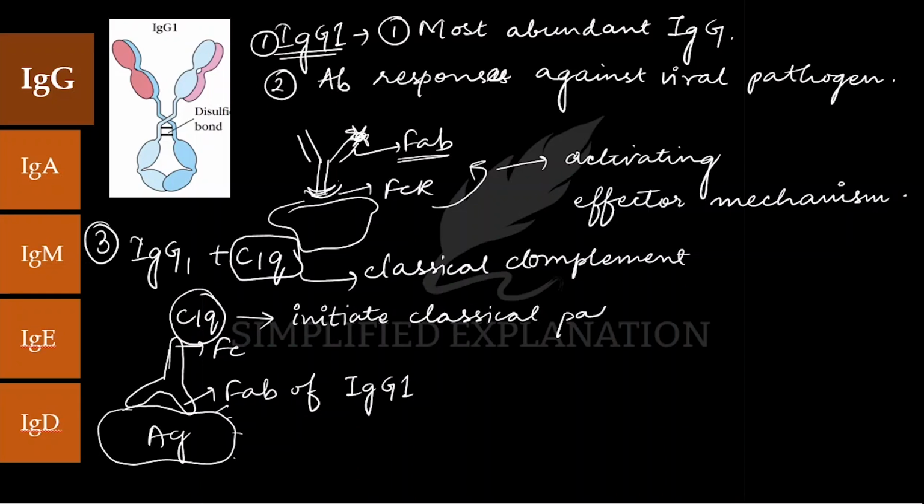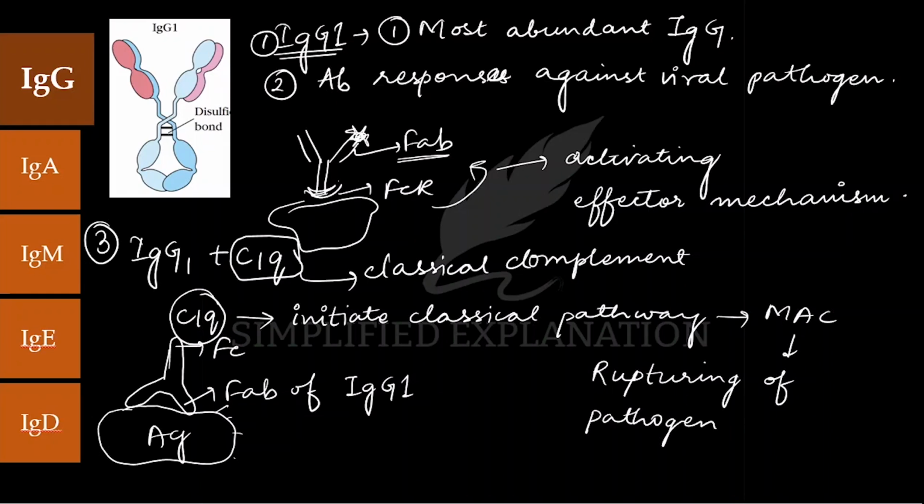After that, further different steps will occur, and then the membrane attack complex, MAC, will form, and there will be rupturing of the pathogen membrane, and then lysis of the pathogen. So in this way, IgG1 is contributing in the lysis of the pathogen. This is another function of IgG1.